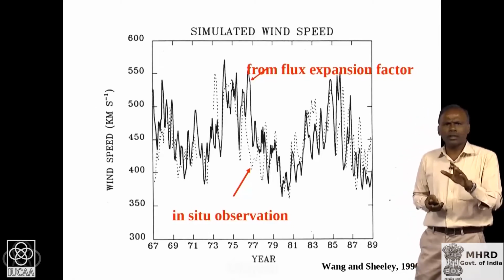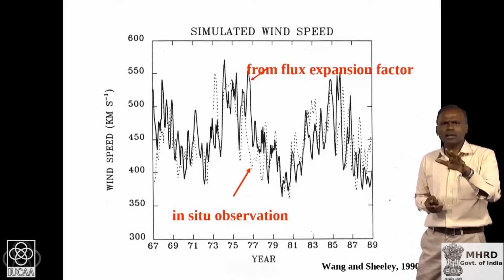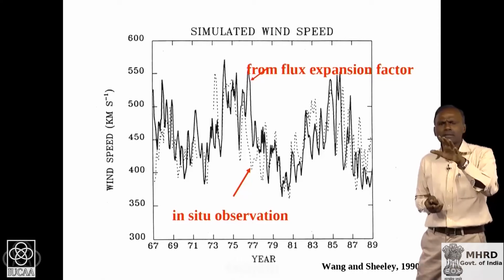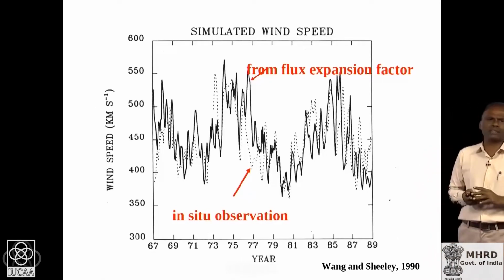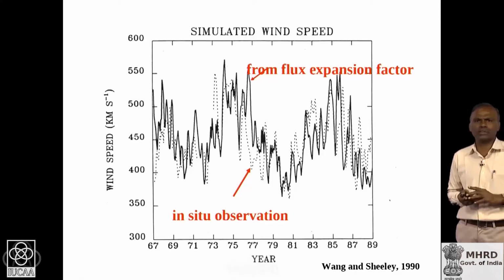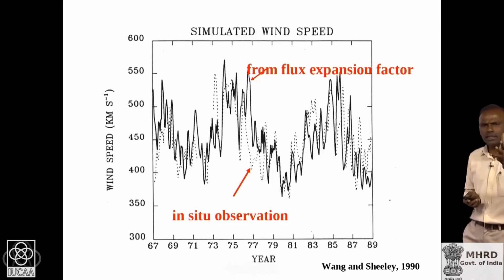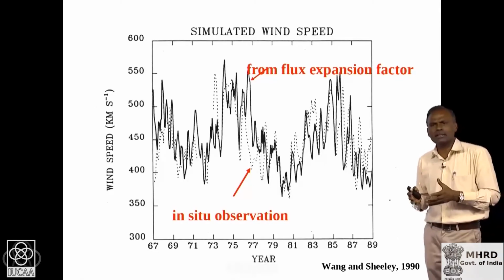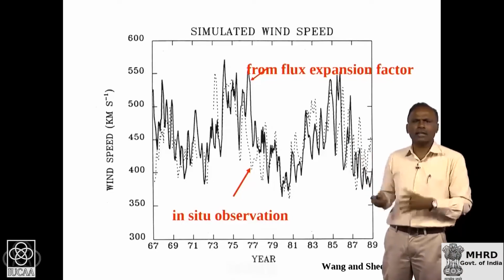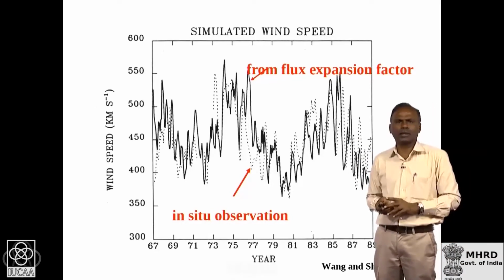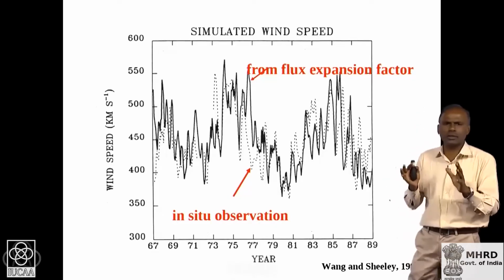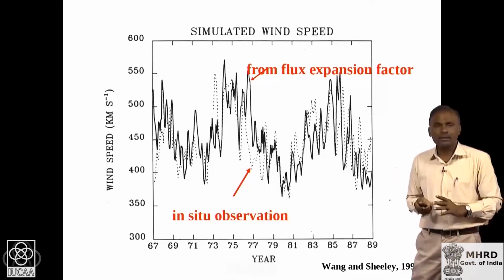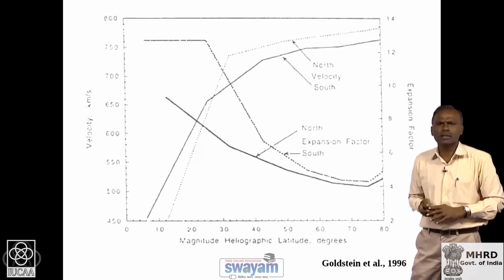We can see the dotted lines are the in situ measurements, and the continuous line shows the expansion factor corresponding to the in situ observation. You can see the expansion factor and the solar wind speed follow a one-to-one correspondence. So, it gives a clue that the expansion factor plays a major role.